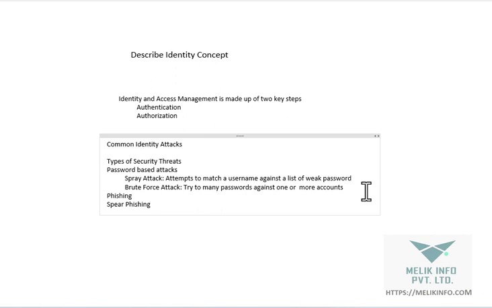Now, if we talk about phishing, actually in phishing, the attackers send you emails.